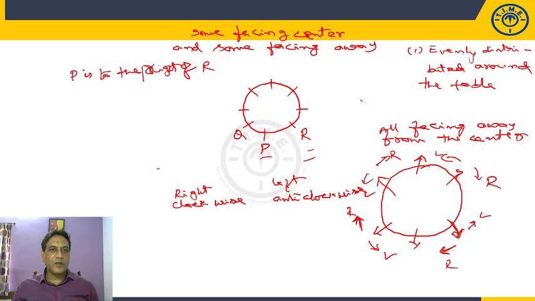Why is this person still saying right? This will help us. This position should be the right of R. So when will this become the right? When he is facing away from the center. So this left and right, if given after the position is already known, will help us to decide the direction.